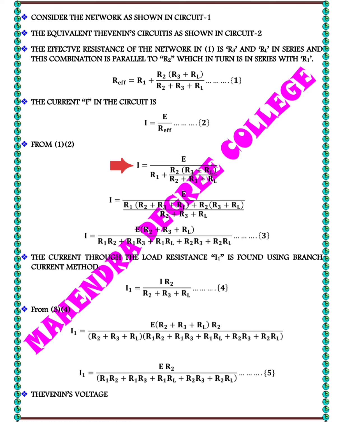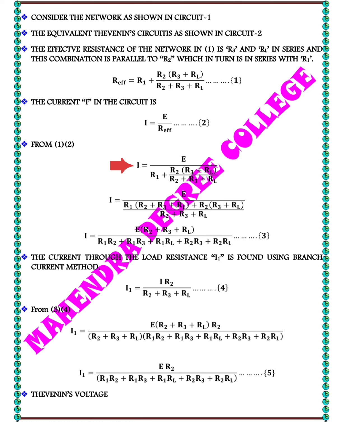Here the denominator value 1 into R2 plus R3 plus RL equals R2 plus R3 plus RL. Next step, R1 into R2 plus R3 plus RL.